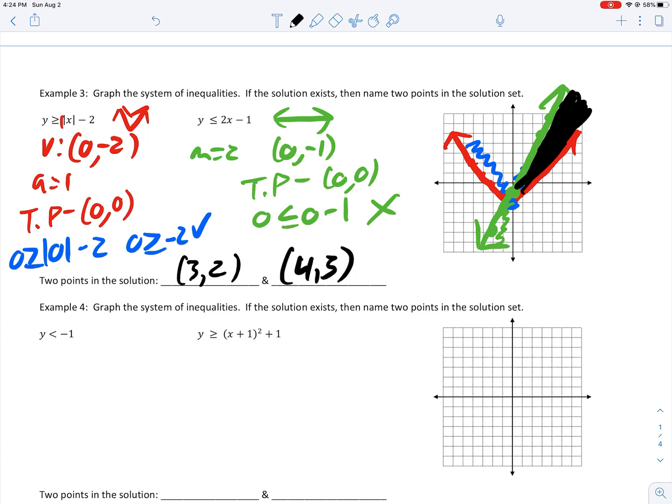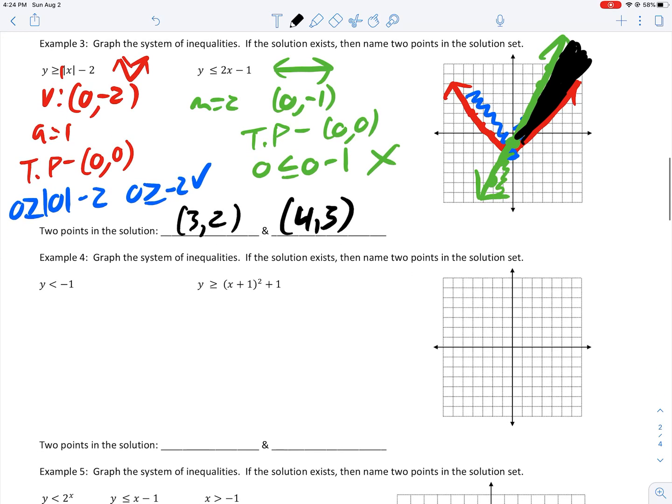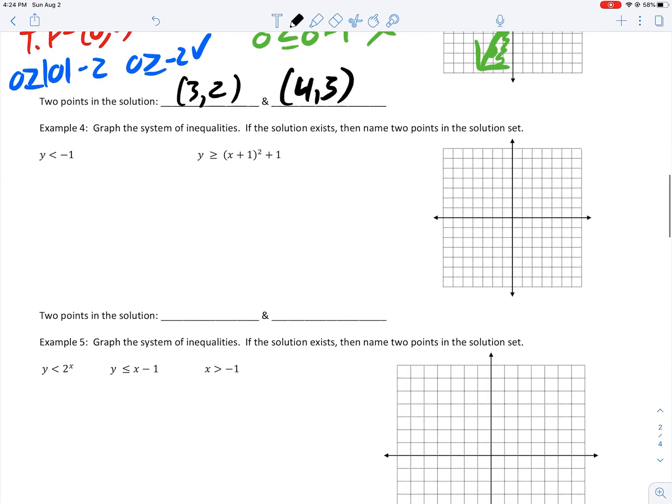Any 2 points would do. There's an infinite amount of solutions. And again, why are those 2 points solutions that I wrote in black? Because they're in the black shaded region. That's the solution of the inequality, the overlapping region.